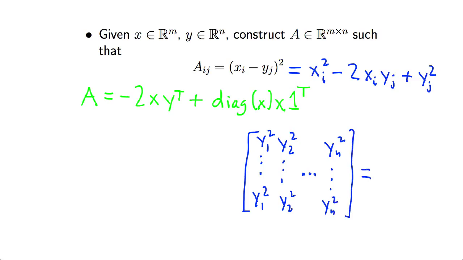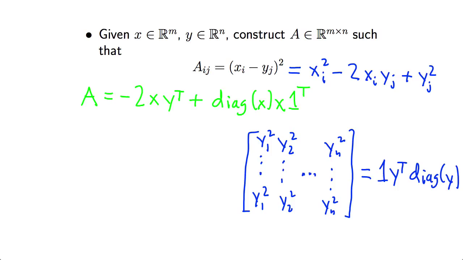And using the same method as before, we won't be explicit this time, but this ends up being equal to, first of all, the outer product of 1 times y transpose. That gives this matrix without the squared terms. And then we multiply by diag y to get them all squared.